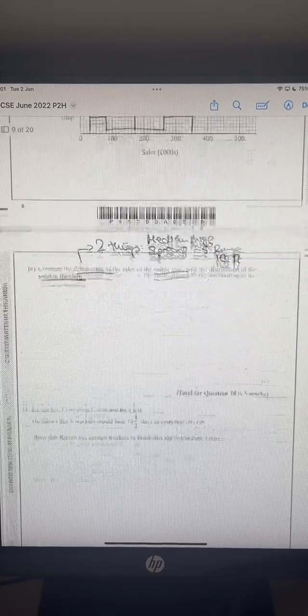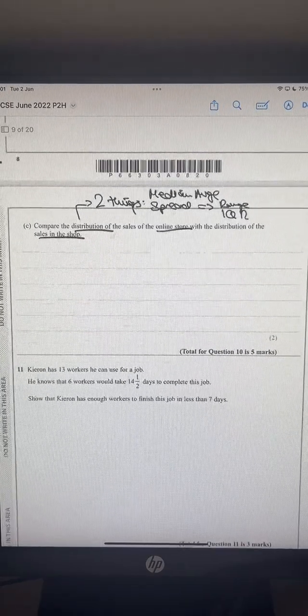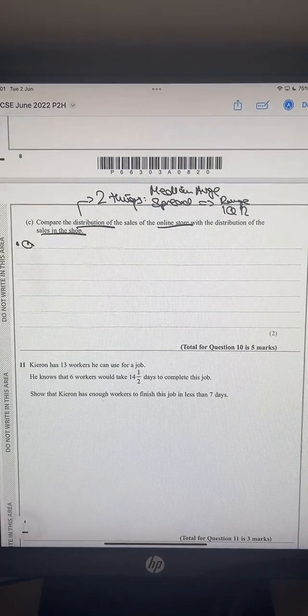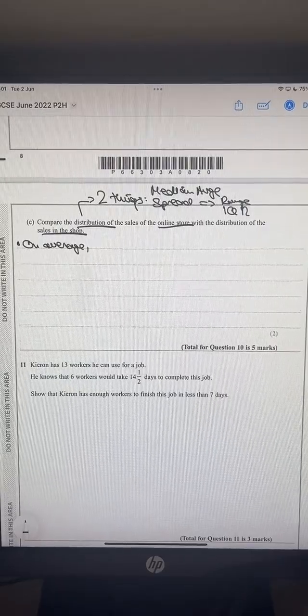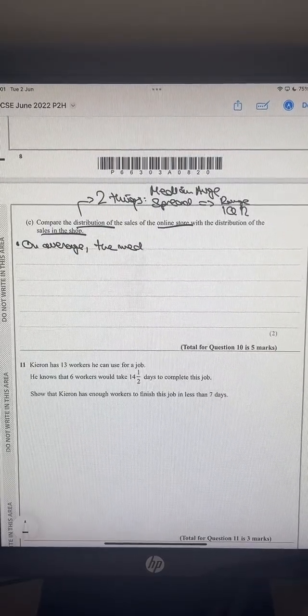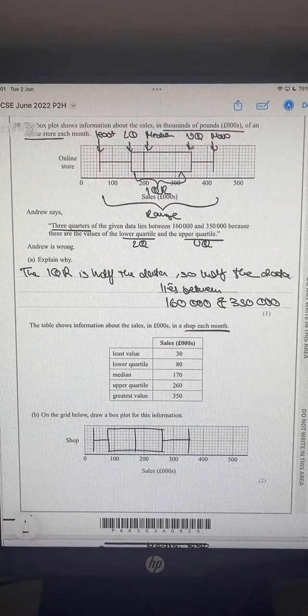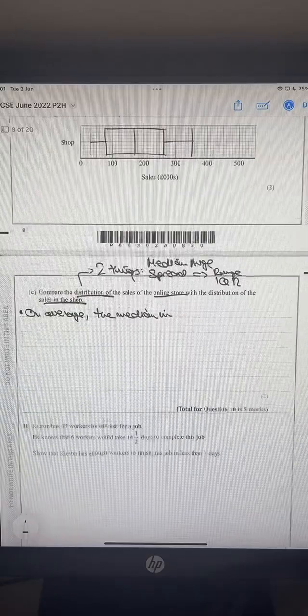So what I would say is, I'm not going to write it down, but I'm going to say it slowly. So actually, you know what, I'll write it down. So on average, the median, and then I need to compare the values. So I need to find which one has the greater median. So the median on the online store is 200,000 and the median in the shop is 170,000.